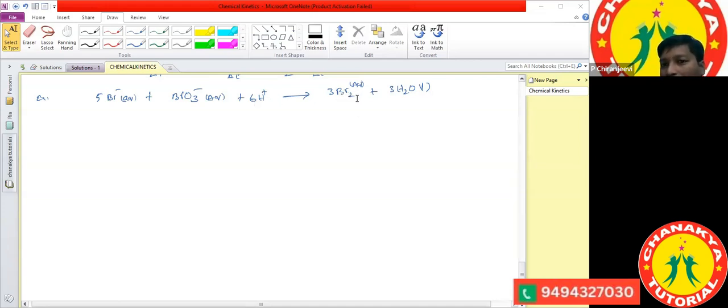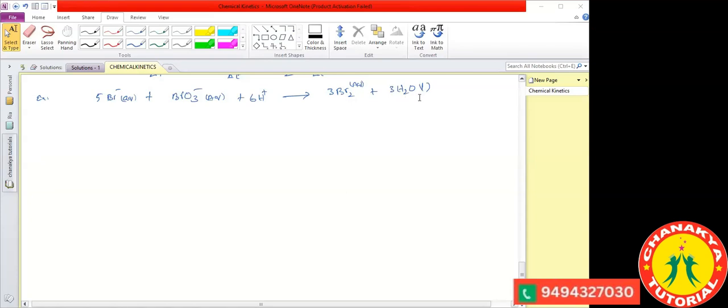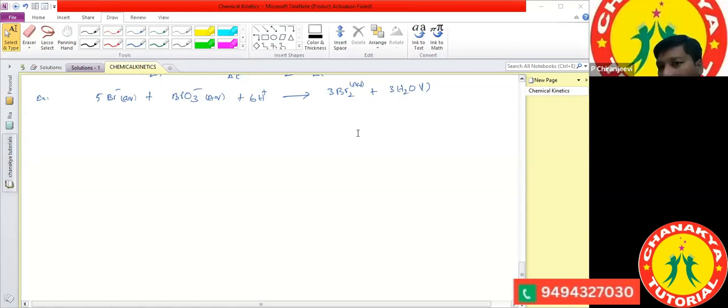And what is the stoichiometric coefficient of Br2? 3. What is the stoichiometric coefficient of the water molecule? 3. According to that, how can we write the equation?